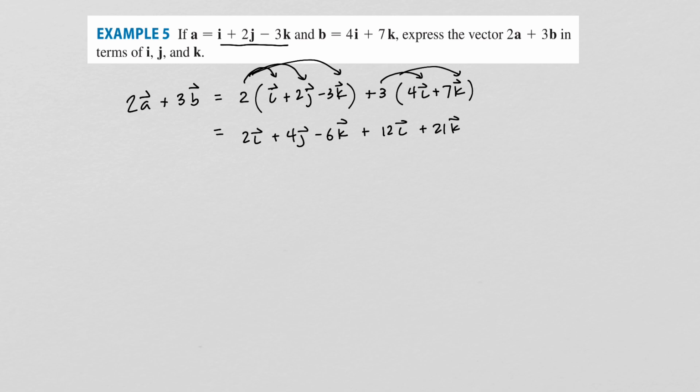And then we just combine like terms. 2i plus 12i is 14i. Positive 4j, and notice there are no j's over there, so that's just going to be positive 4j. And negative 6k and positive 21k is positive 15k. And so this is the vector 2a plus 3b.